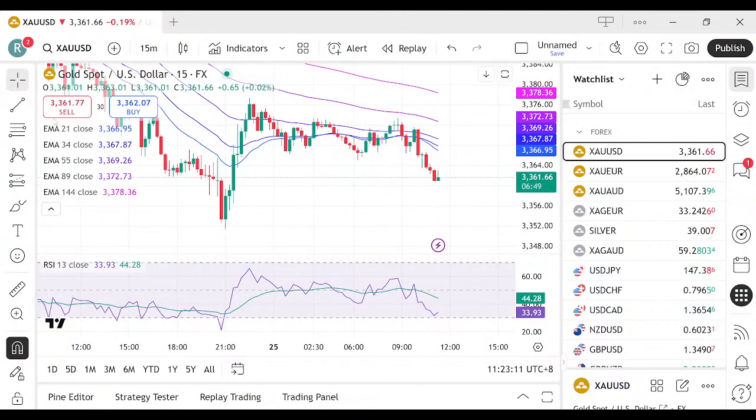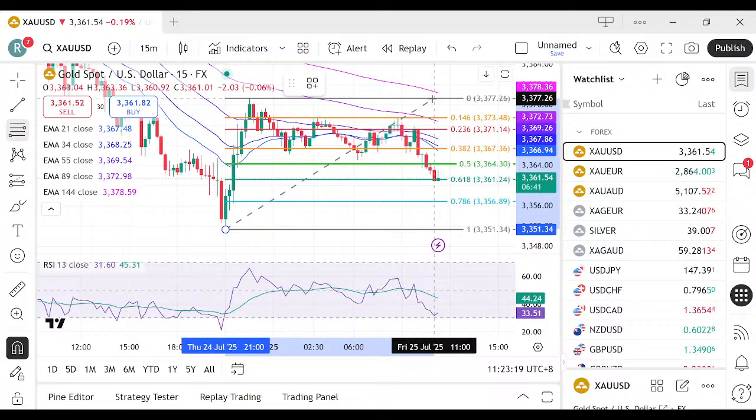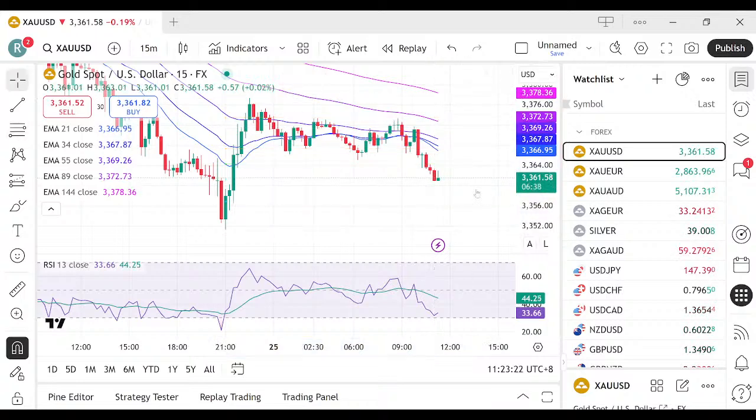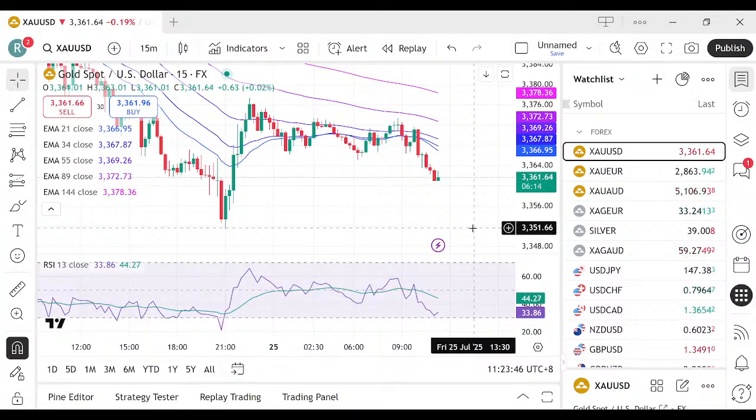Okay, let me double check. Yeah, 56 or 57. So we can go for two types of trade. One is selling below 65. So that means we'll try to go for 65 sell, target 50. Just now was 57 or 52.